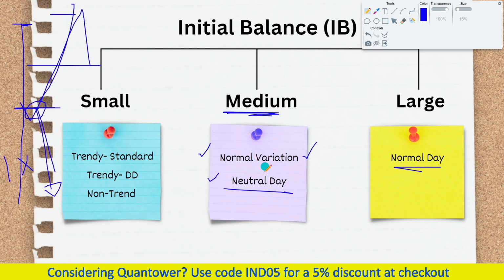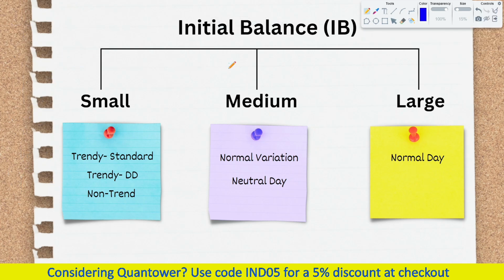Now coming to when we have a small IB, we have only two types: one is trendy and the other one is non-trend. But non-trend, as I said, the percentage of occurrence is very low, only when we have big events or the conditions which I explained. Only that day we will see a non-trend day, or else we will see the trend day.